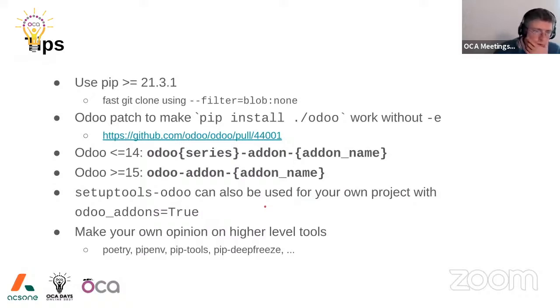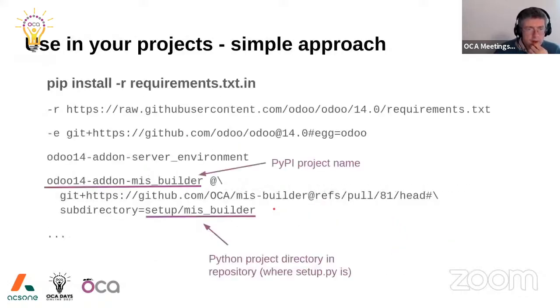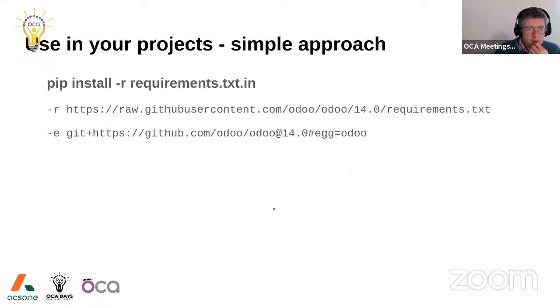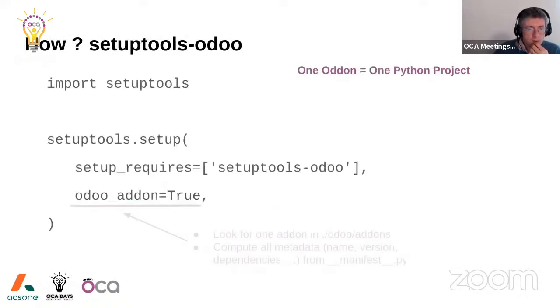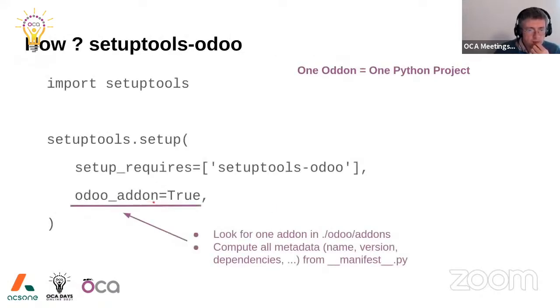You can also use setuptools-odoo to automatically discover all the dependencies of your own customer project. So what I show you here is that you can do a setup.py for a single add-on, and then it's looking for one single add-on in odoo/addons.